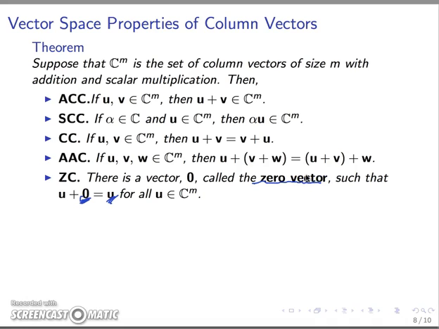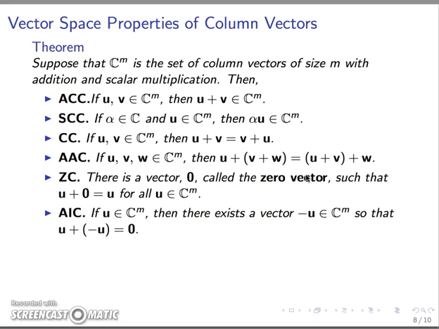This is something that we know from sets of scalars, such as the complex numbers and the real numbers and so on. But this is simply inheriting that property from complex numbers throughout all entries, okay?